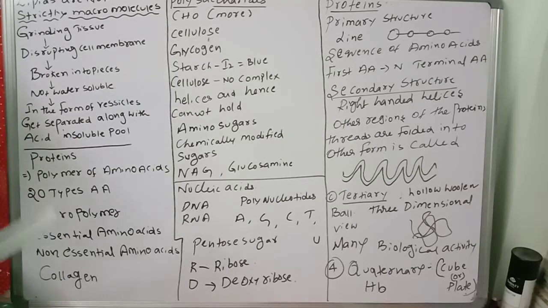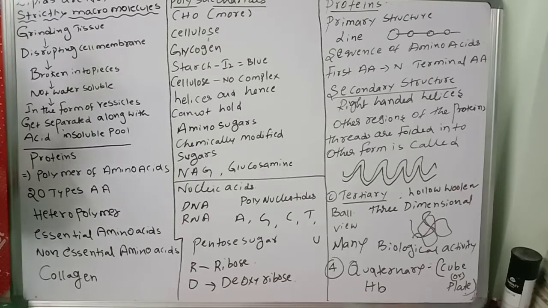Acid soluble means micro, acid insoluble means macro, so the macromolecules will be there. All the carbon compounds that we get from living tissues can be called biomolecules. Very important definition.